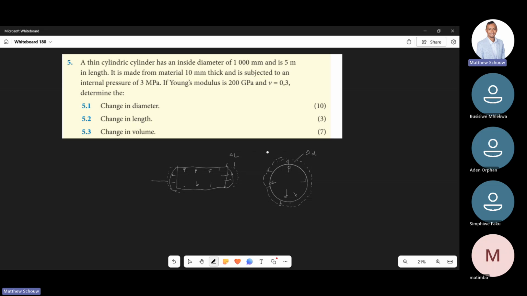When we're dealing with lengths or diameters, we can understand that there's a change in volume of the whole thing. I've seen this happen where we do hydrostatic testing before we commission the vessel.